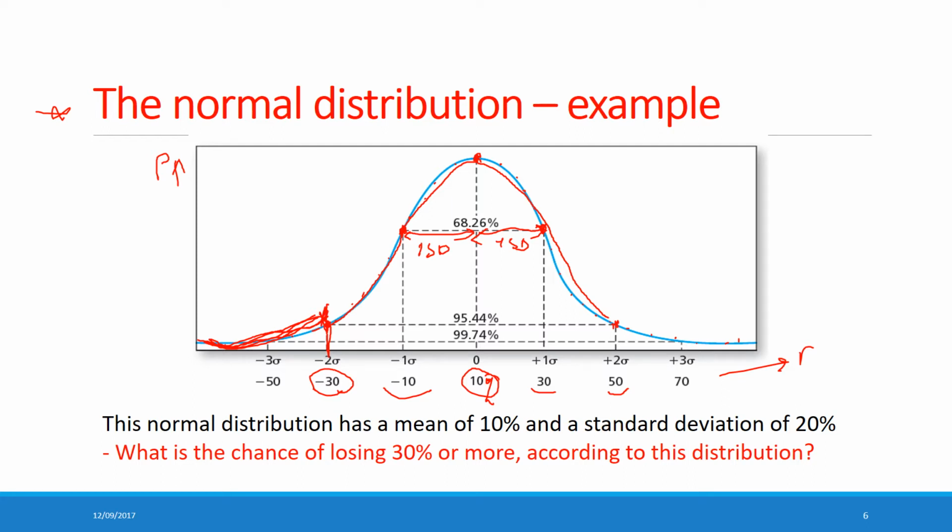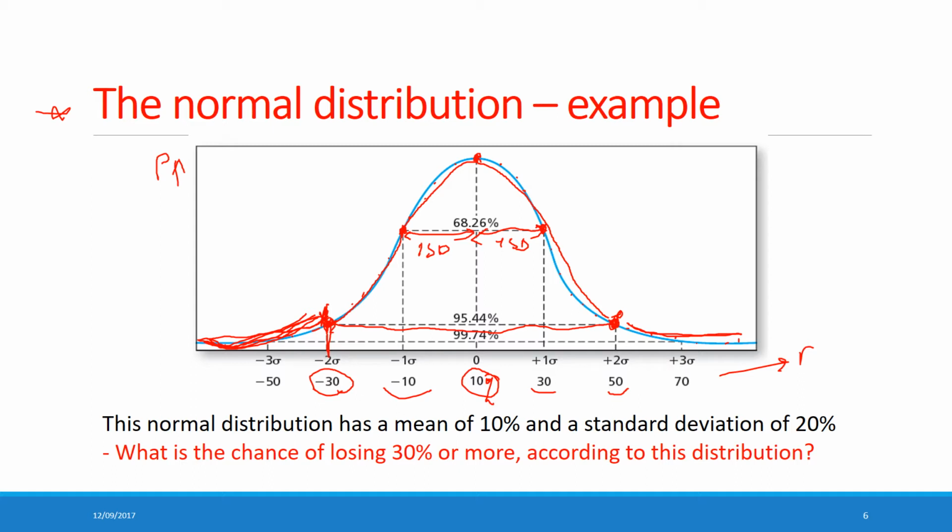We know from before that this region over here contains 95.44% of the whole distribution. Therefore, the other two tails that we're looking at here contain about 5% of the distribution, right? So 4.5%.